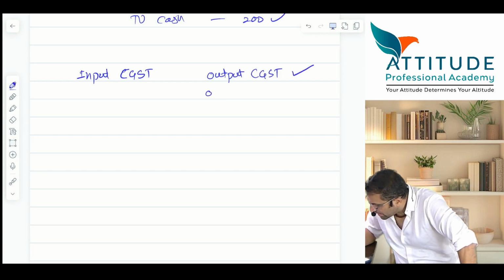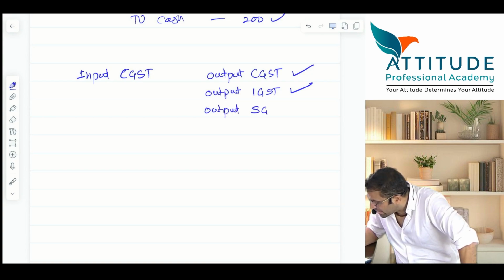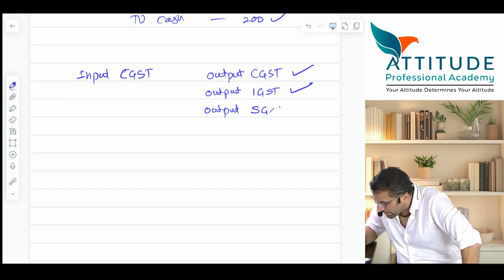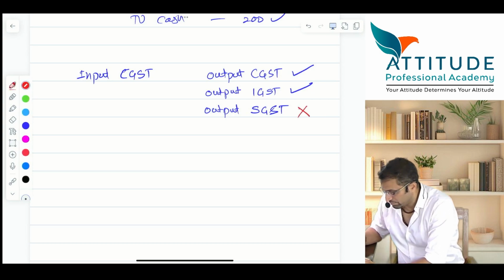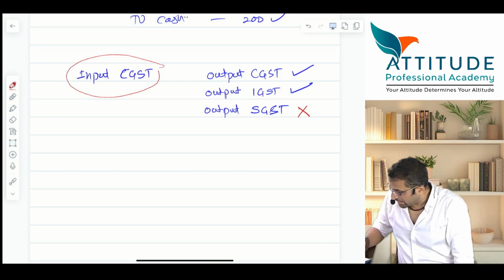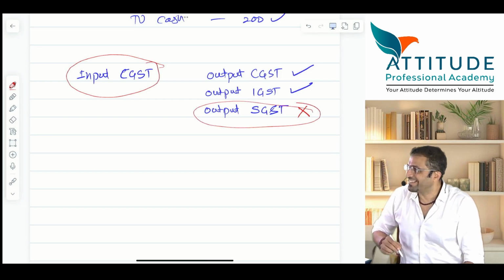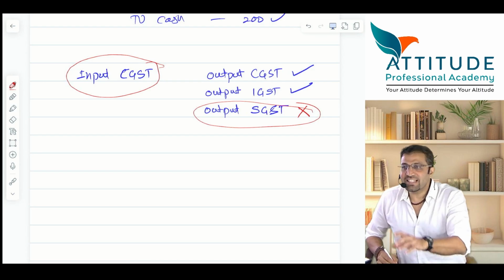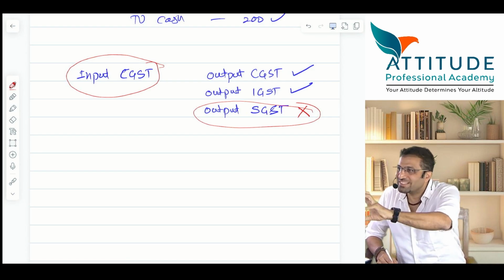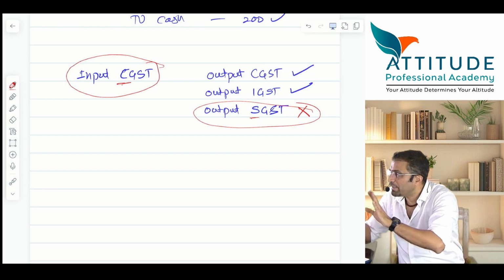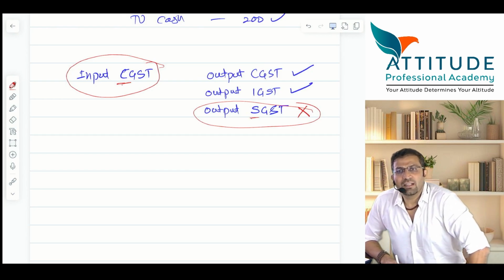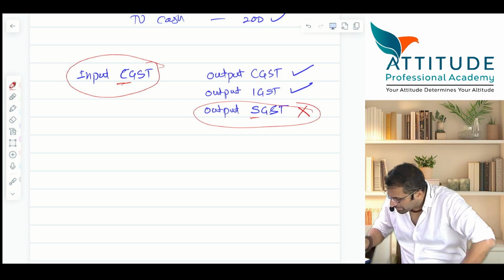Can it be adjusted against output IGST? Yes. Can it be adjusted against output SGST? Answer is no. CGST is not integrated. Both are there, state as well as central. So say yes and no. Central and state do not match. Understood? Is that clear?